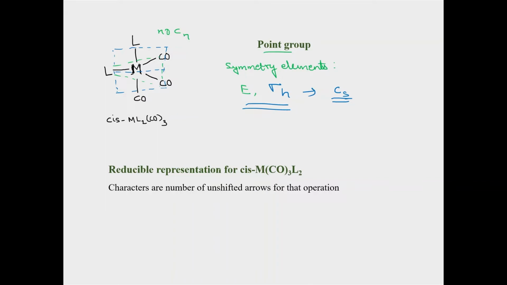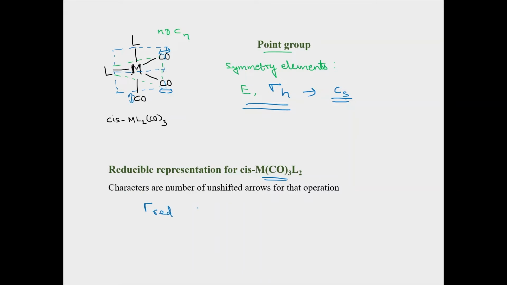Now the reducible representation for cis-MCO3L2. We have to find out the reducible representation for this complex. Now let's make three arrows for these three carbonyls. So how do we find the reducible representation?